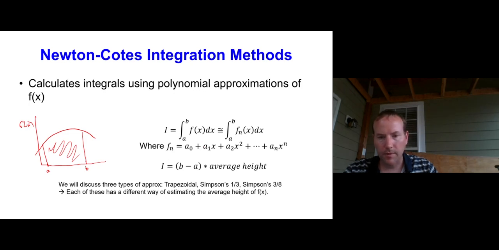The general form of the answer will be the width of the interval, b minus a, times the average height. And so this right here is the width. We're going to be talking about three different types of approximations where we use different approximating polynomials as different ways of calculating the average height of a function over some interval.